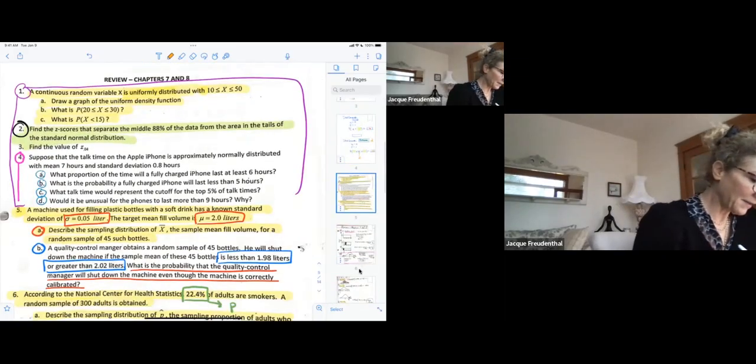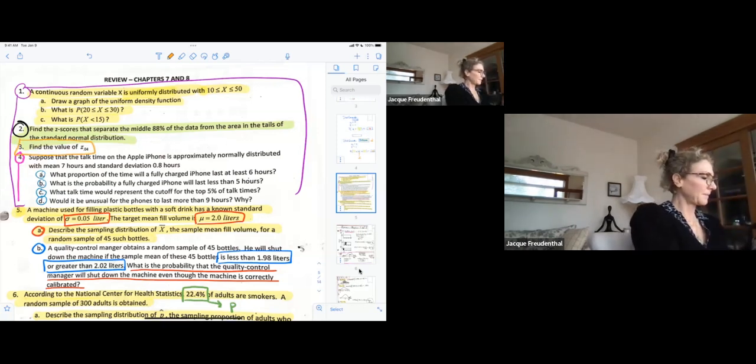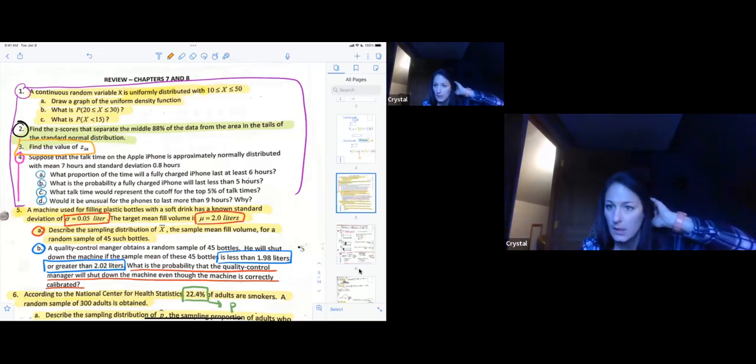Let me see what else is left here. Find the value of, let's see, okay, let's do this one now. So this one is going to be very similar to. Yeah, now we're going to go into Z sub alpha in chapter 9, correct? I believe Tony was saying that he was struggling a bit with it, yeah. So you're going to show us how to do Z sub alpha.